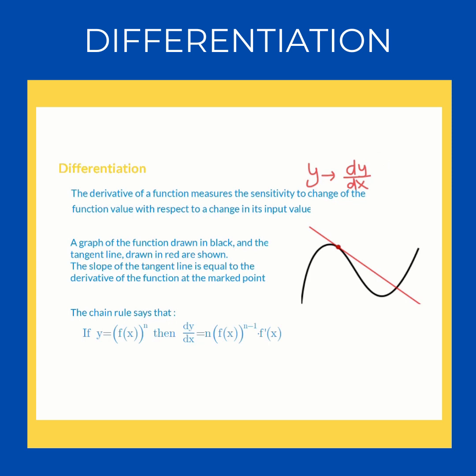Let's take a look at this sketch. I have a graph of the function drawn in black, and a tangent line drawn in red. The slope of the tangent line, the slope of the red line, is equal to the derivative of the function at the marked point here in red.